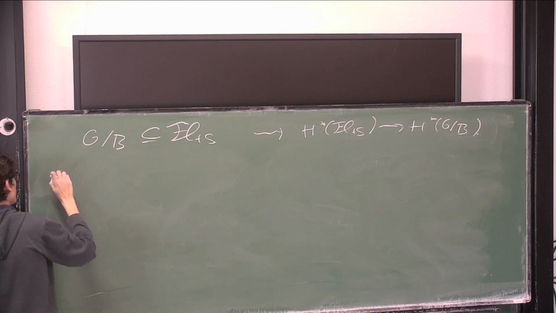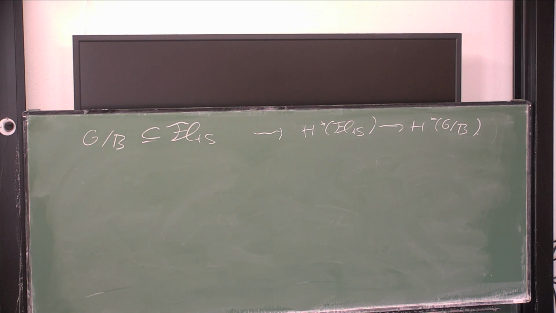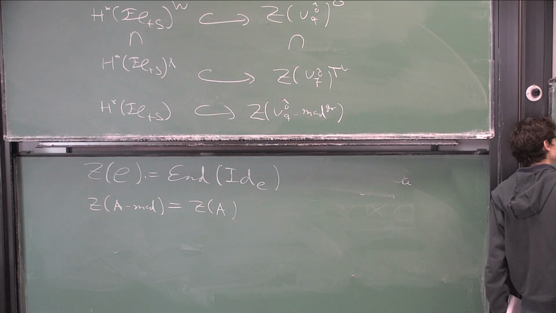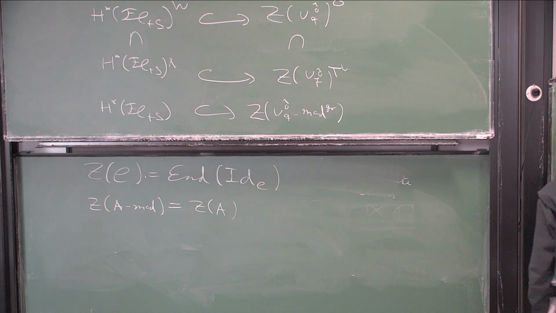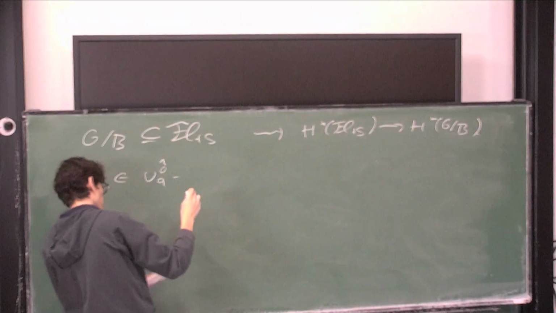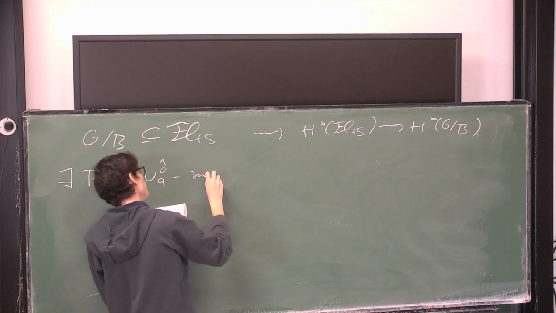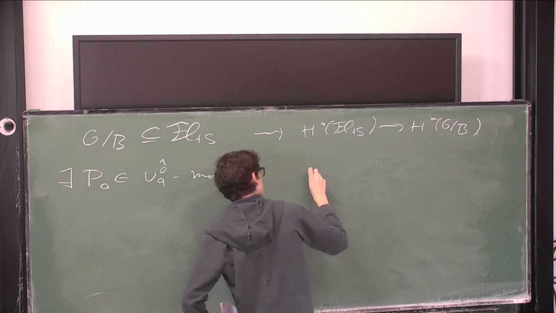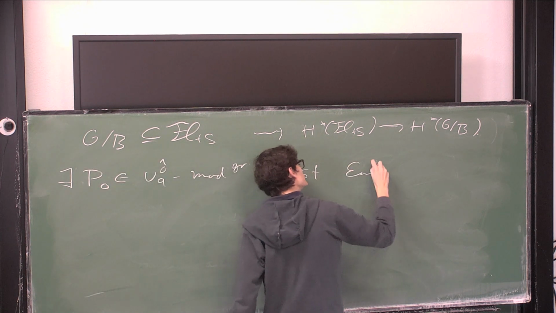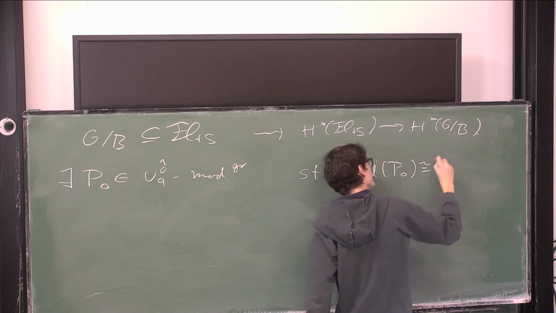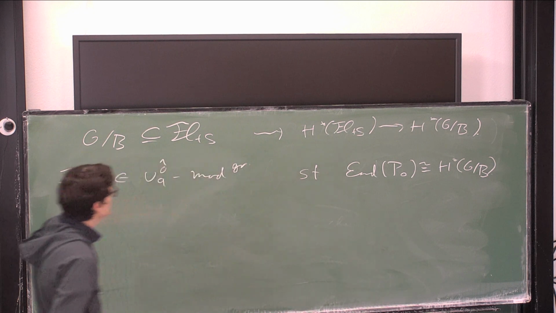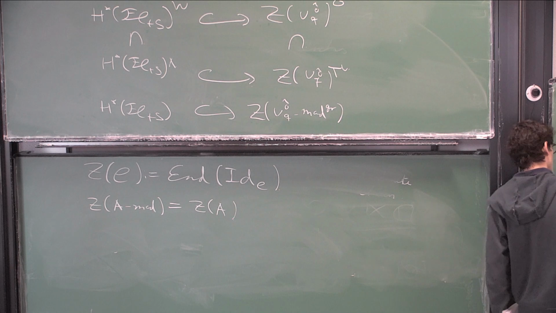The good thing is that we can see this map on the algebraic side. Namely, there exists some object, in fact a projective object P0, in U_q(0) mod graded, such that the endomorphism of P0 is the cohomology of G mod B, and the action of the center factors through that map.